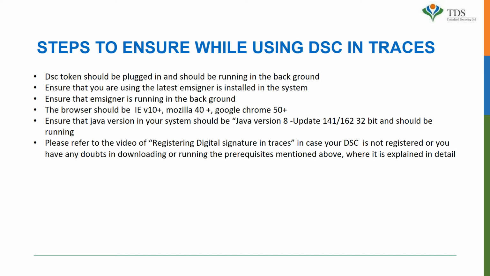Ensure that the Java version in your system is Java version 8 update 141/162 32-bit and is running. Please refer to the video on registering digital signature in TRACES in case your digital signature certificate is not registered or you have any doubts in downloading or running the prerequisites mentioned above, where it is explained in detail. Link for the video is given in the description box.